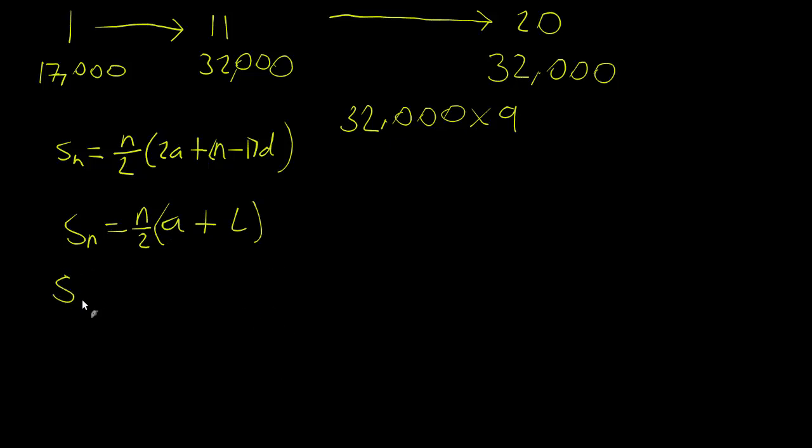So in this case, the sum of the 11 terms would be 11 over 2, times the first term 17,000 plus the last term, which is 32,000.